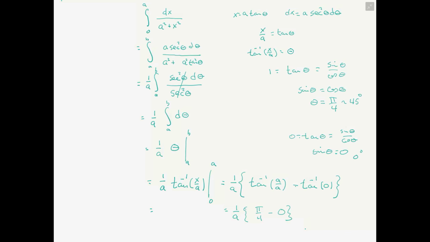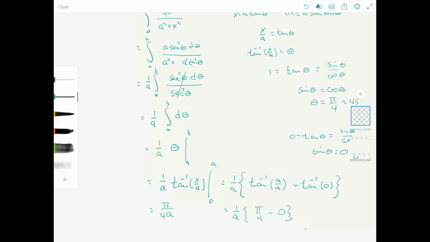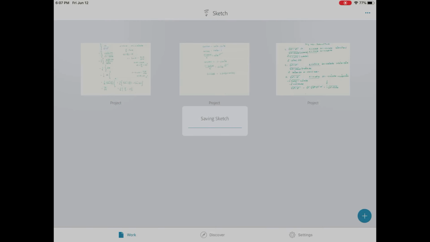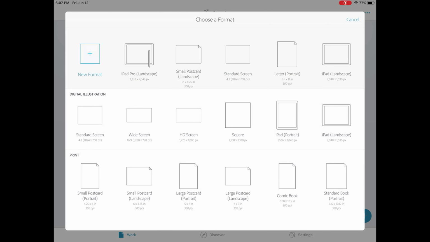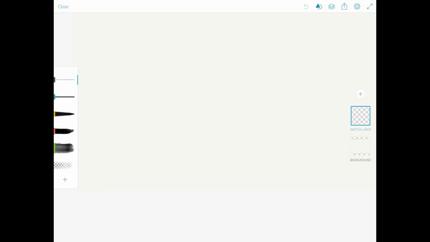And the result is pi on 4a. And that's our integration, a definite integral, using a trigonometric substitution. Now, we got some pretty interesting ones coming up. Let's take a look at the next.